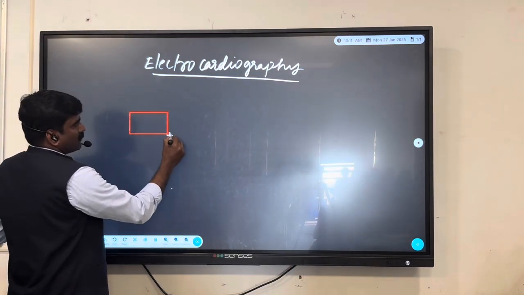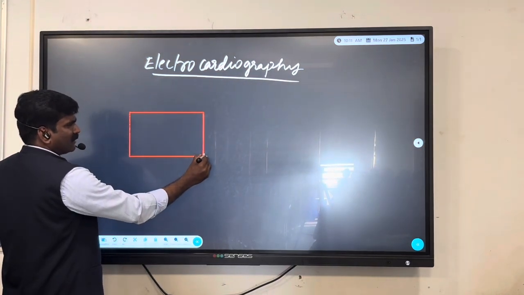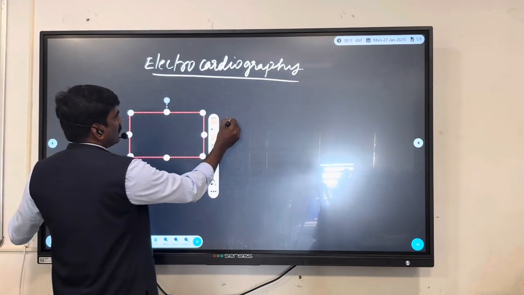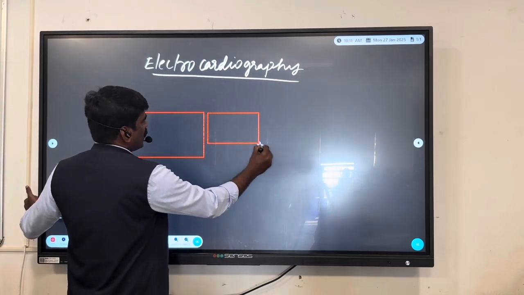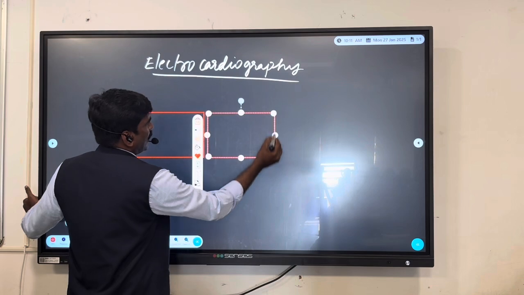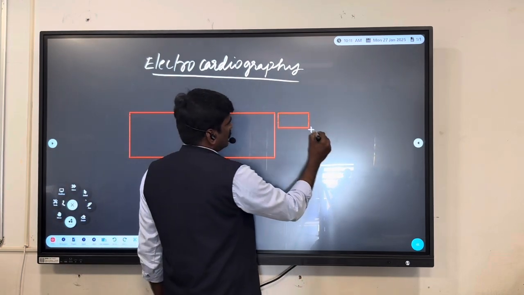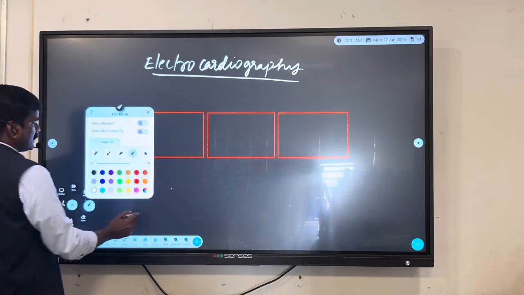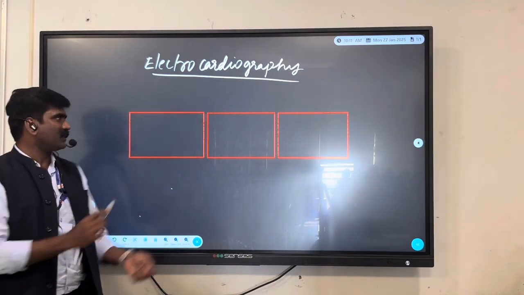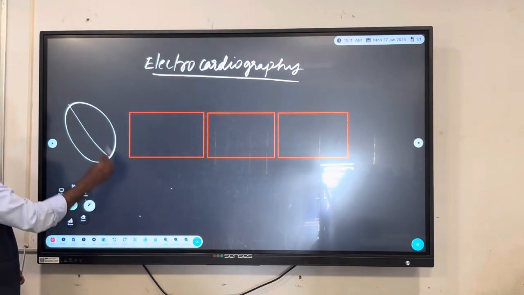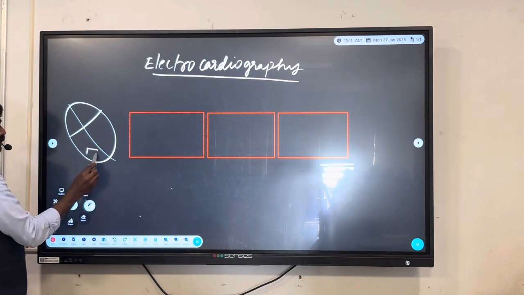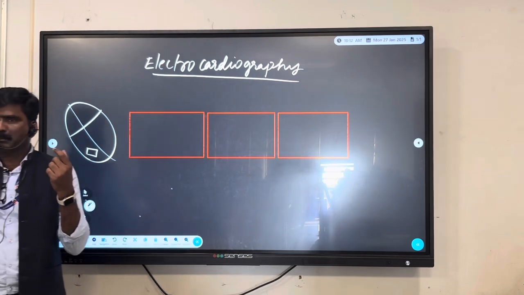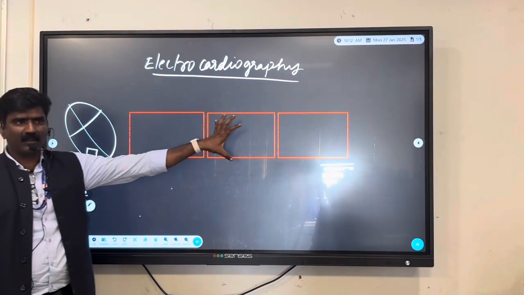So this is one myocardial cell, and this is the second myocardial cell, and this is the third myocardial cell, right? Suppose this is the heart, and I am taking a piece of muscle and drawing it here.